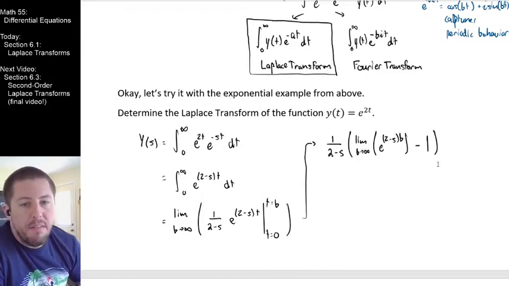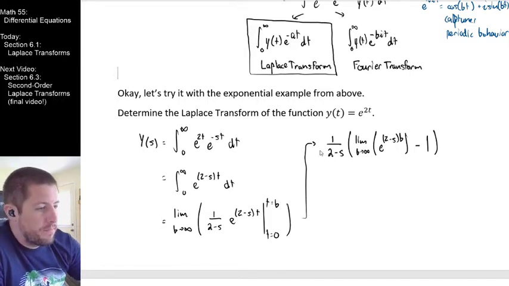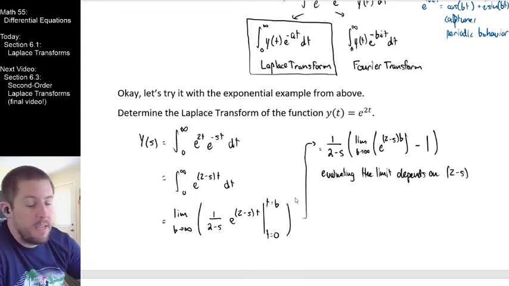Now, you should notice that evaluating this really depends on the size of 2 minus s. All right, and here's what I'm seeing.